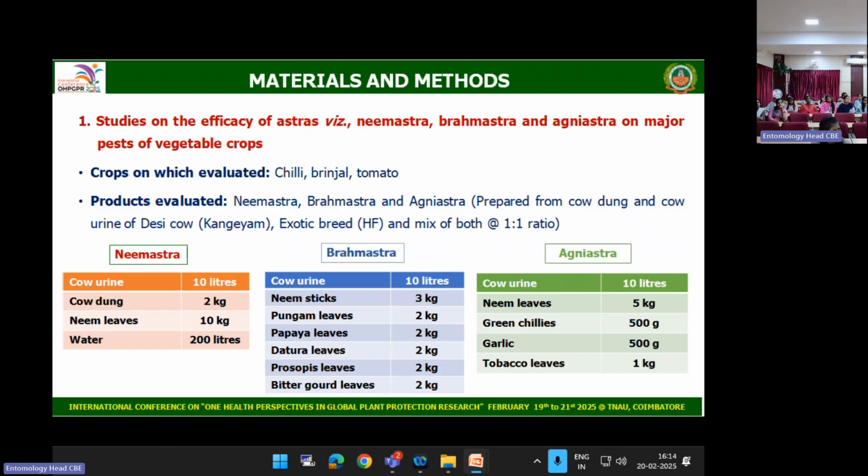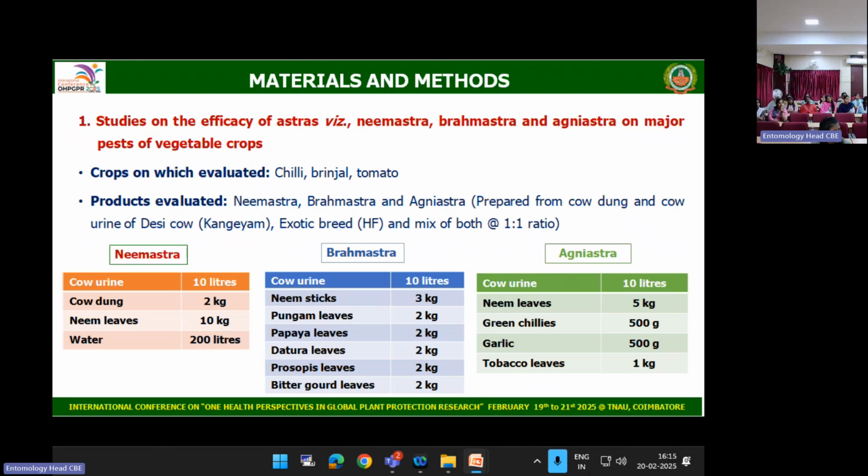So N1, B1 or A1 is the astra prepared from the cow dung and cow urine of desi cow. Here we have taken Kangayam as the native breed, and the exotic breed we have taken is the HF, and that is formulation number 2. And formulation 3 is the mix of native breed and the crossbreed. So this is how we prepare.